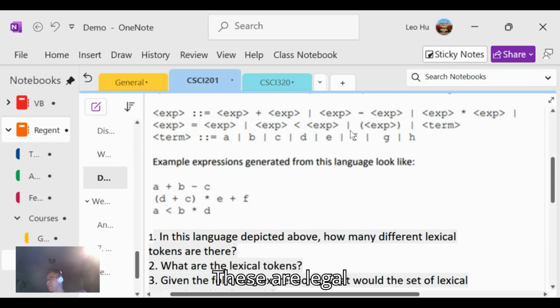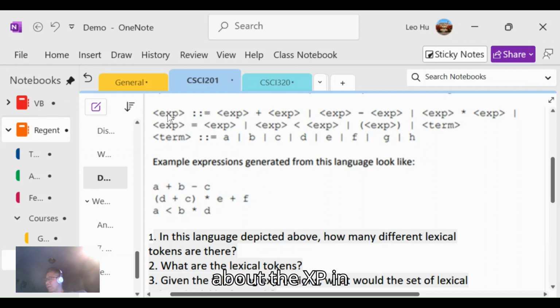These are legal lexical tokens in this language. And also the terms A, B, C, D, E, F, G, H, they are terms. So they are all lexical tokens.